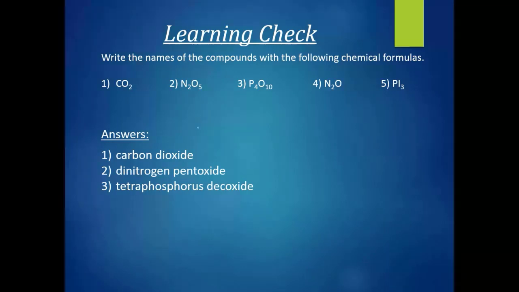All right. What about number 4? Anybody want to take a stab at that one? Yes, indeed. It's dinitrogen monoxide. Very good. All right. What about the last one? PI3.